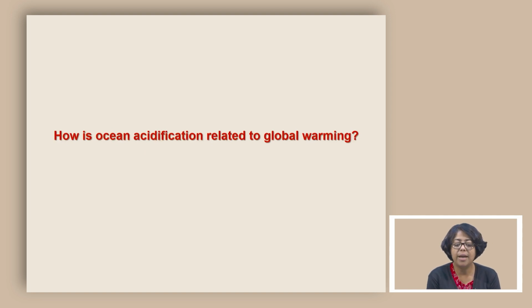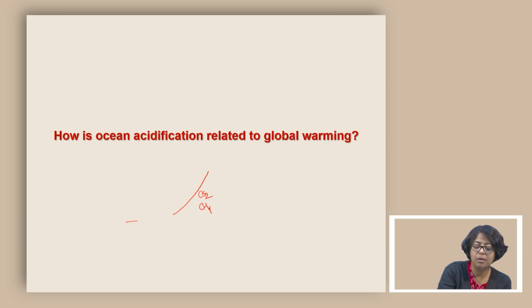How is ocean acidification related to global warming? Now, we know that today's global warming is primarily caused by the increased concentration of greenhouse gases like carbon dioxide and methane over the last, let us say, 50 years.